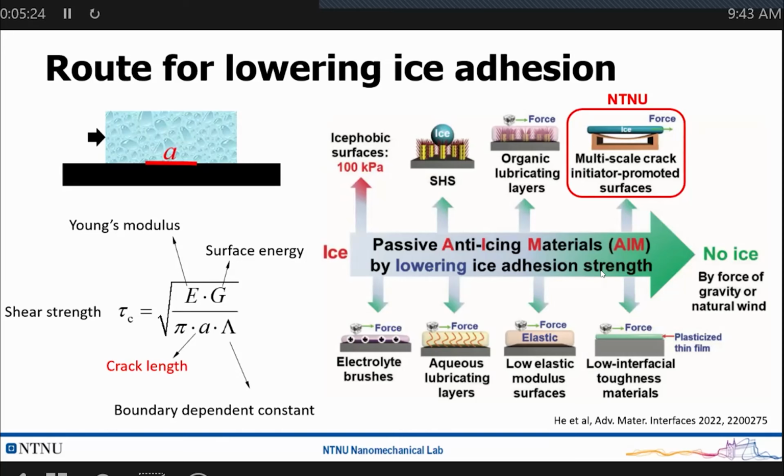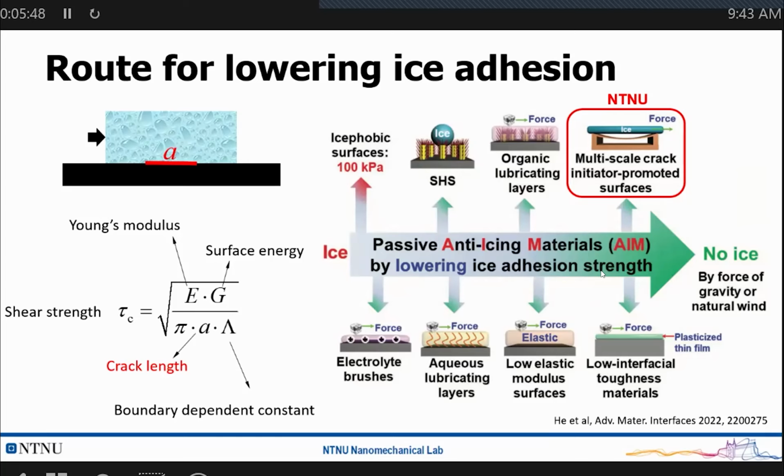So we can keep certain robustness of the surface, but still maximize the crack length at the interface. And this has been proven quite successful, and we got a lot of attention for our strategy for lowering the ice adhesion. So then, of course, we are not satisfied with that.